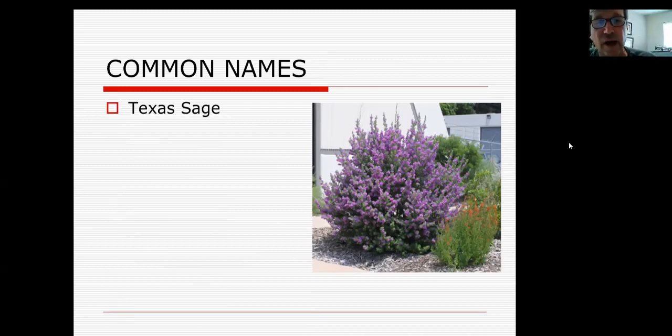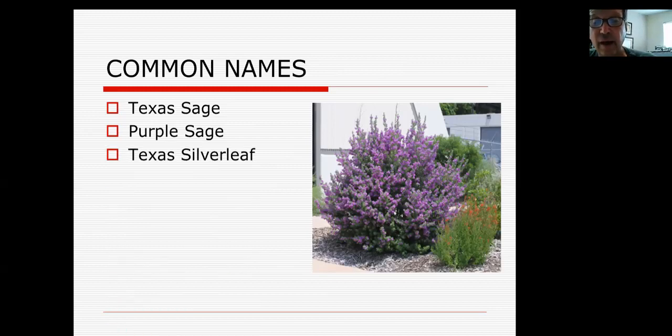Texas sage is the most common. Some people will just call it purple sage because it's got purple flowers. They don't always remember that. Again, these are common names. Some people call it Texas silverleaf. When you look at the leaf out in the wild, the original color is very silver to it. So some people will just call it Texas silverleaf.